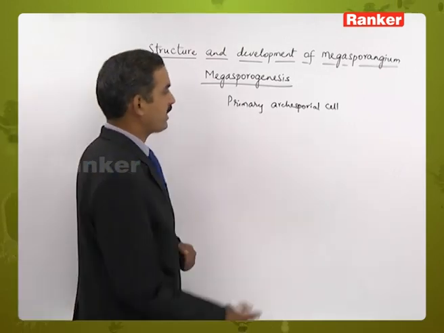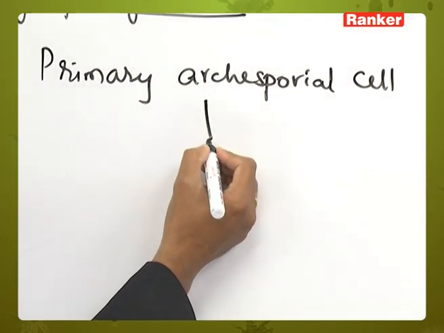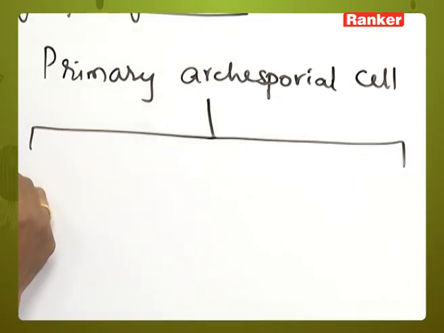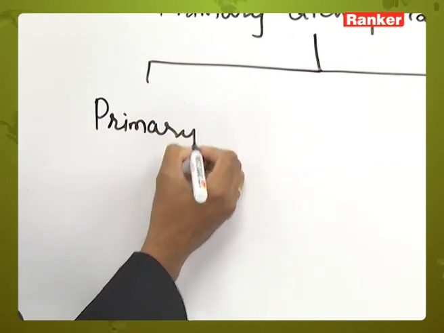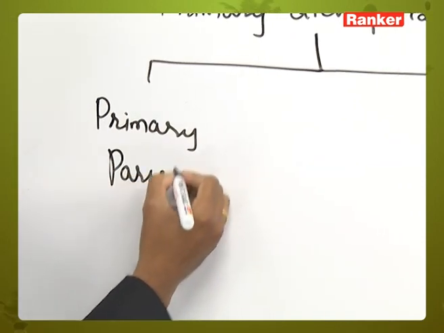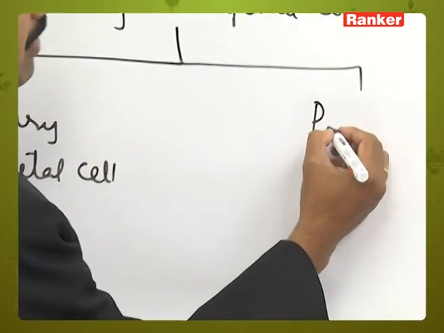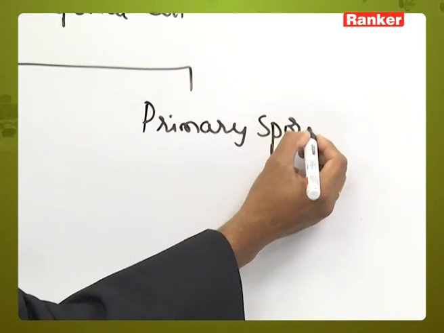This primary archesporial cell will divide by mitosis to form primary parietal cells and primary sporogenous cells.